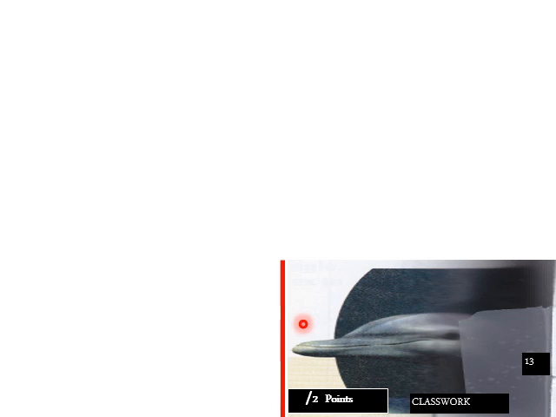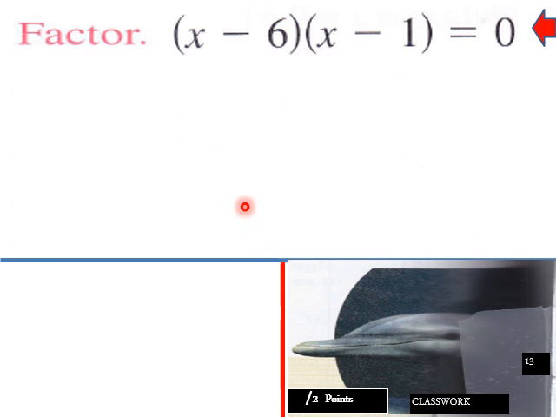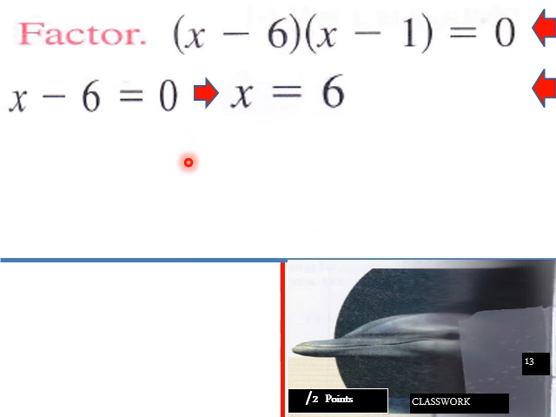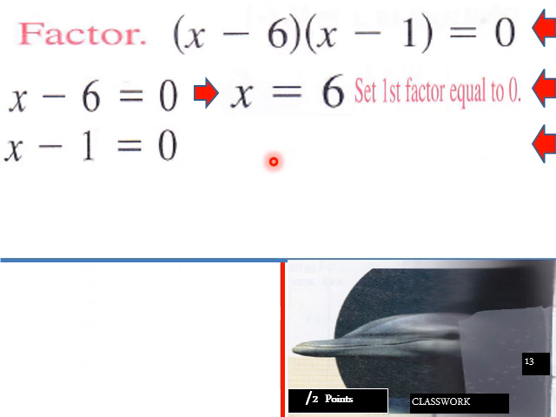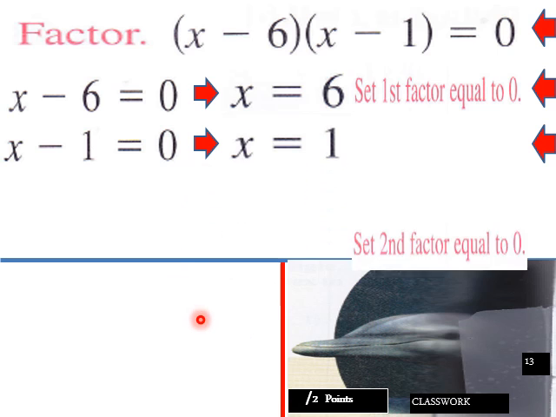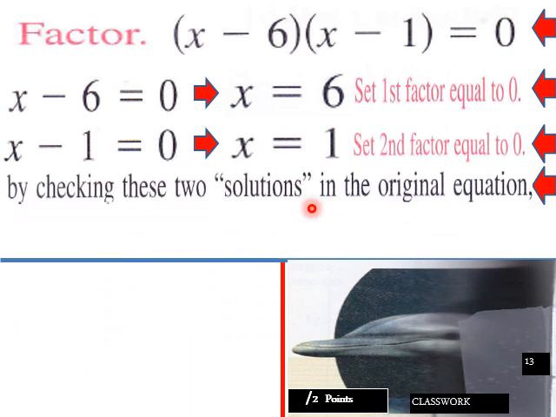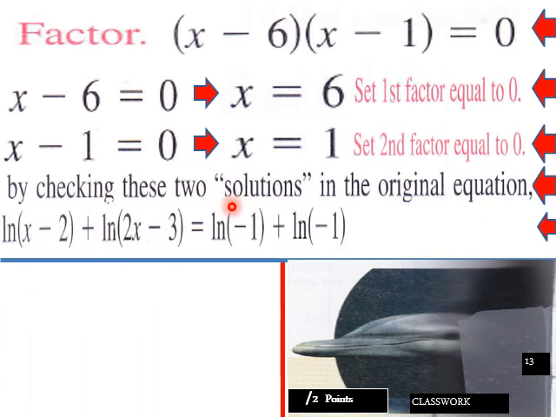So now we have that trinomial to find zeros. Factor this out and come up with that: x minus 6 equals 0, x equals 6. Then x minus 1 equals 0, x equals 1. So now you have to check both of these solutions back in the original. We're going to check here x equals 1.